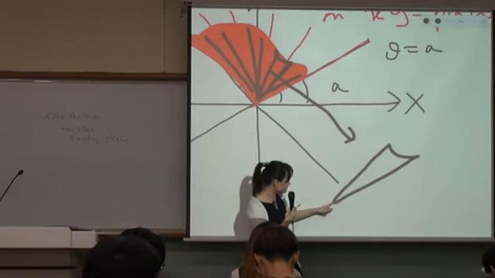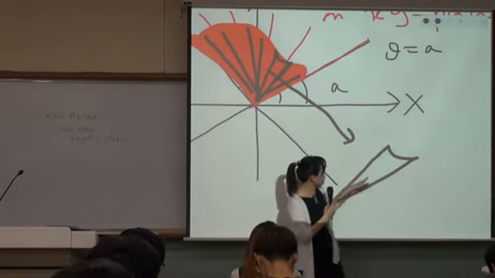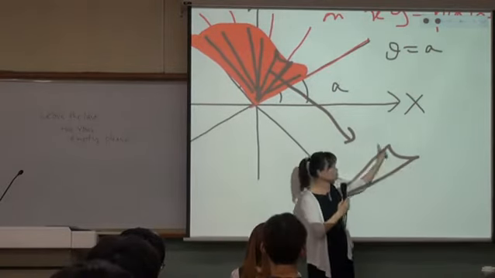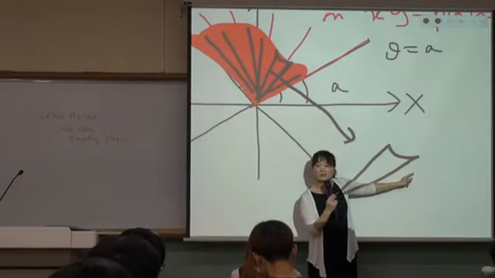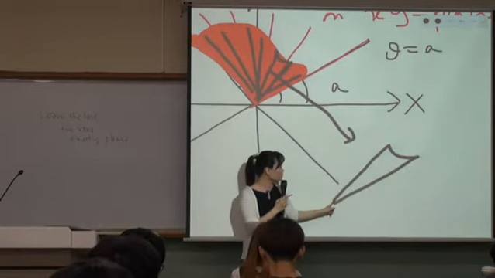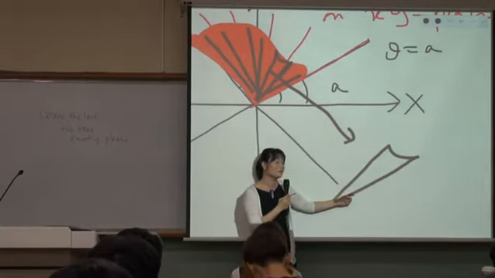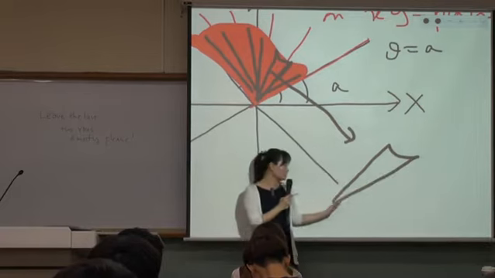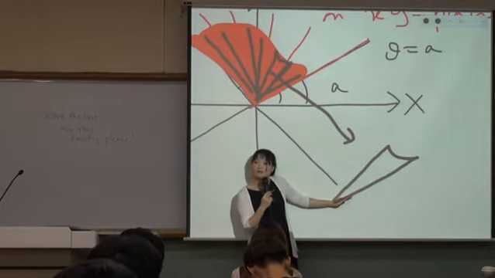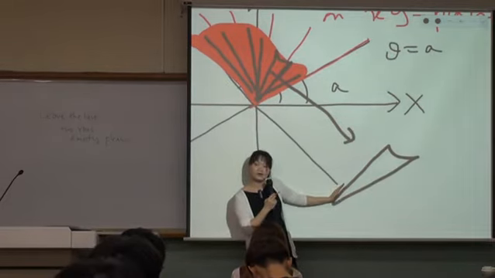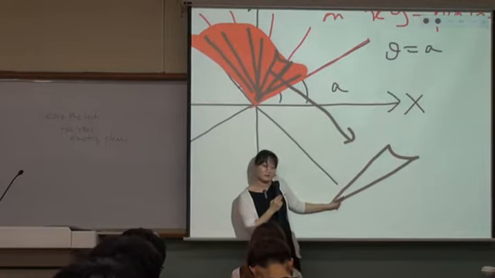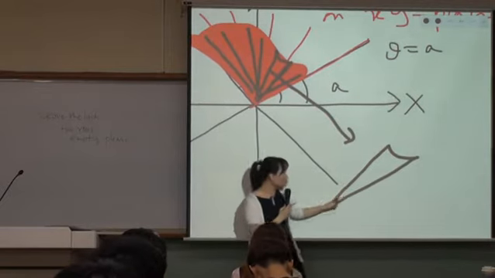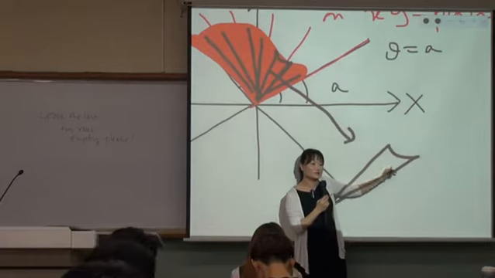But the problem is, for each theta, the radius is changing. So we're going to pick a sample r. We can either choose the left angle, right angle, or a middle angle, and we'll choose one sample radius.